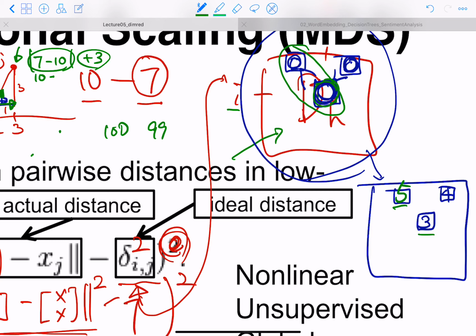Okay, and now in order to perform gradient descent, or differentiate some loss function, we need a quantifiable, measurable definition of our objective function.